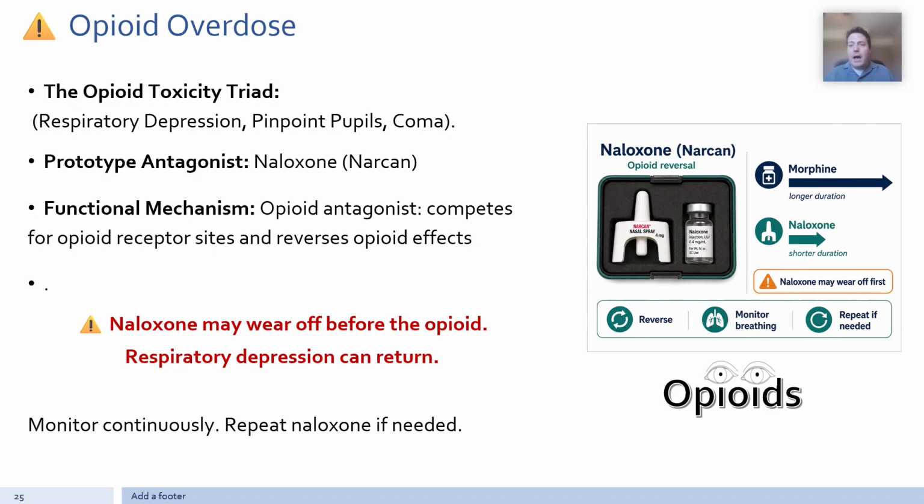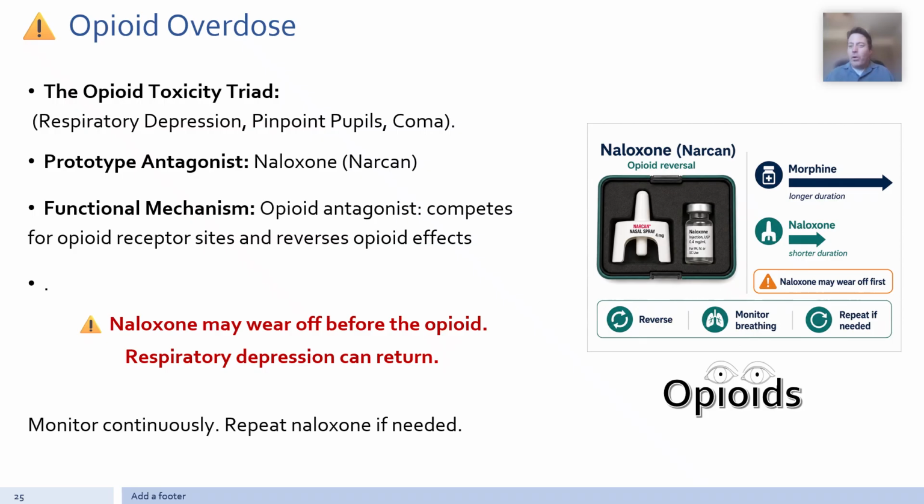So you've got to keep reassessing your patient, because your patient can end up going back into respiratory arrest. So you want to continue to monitor that patient's breathing and repeat giving them doses of naloxone as needed.